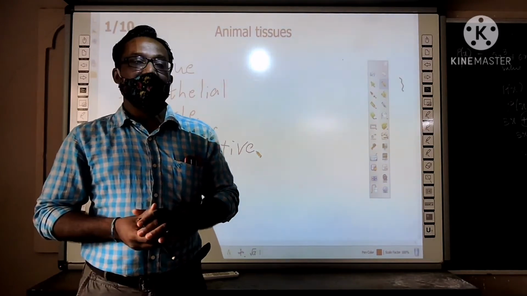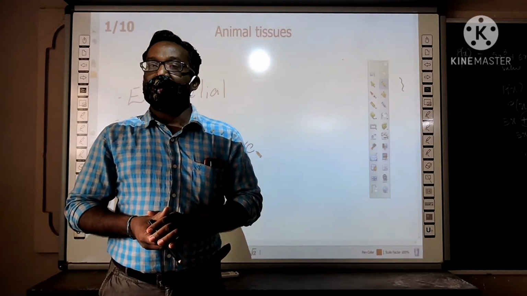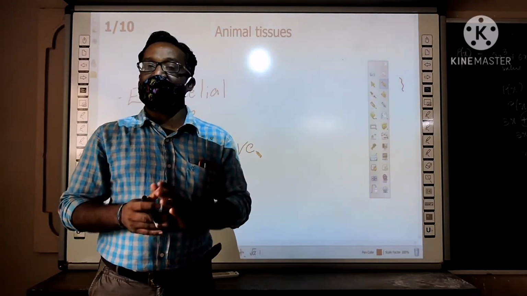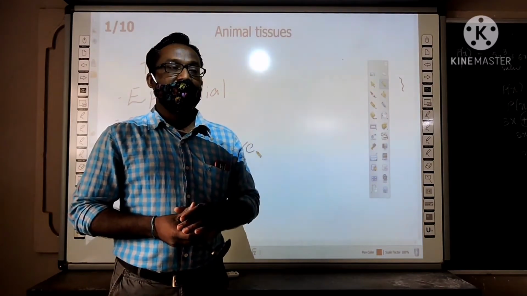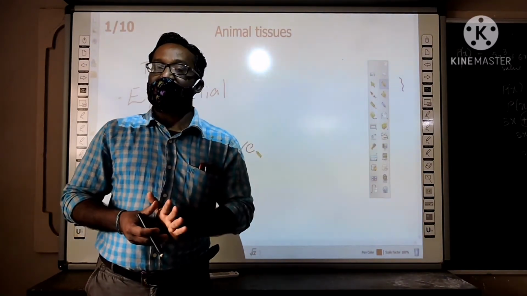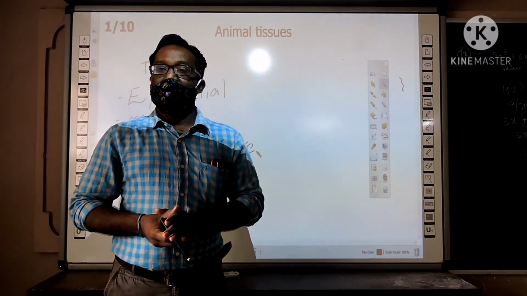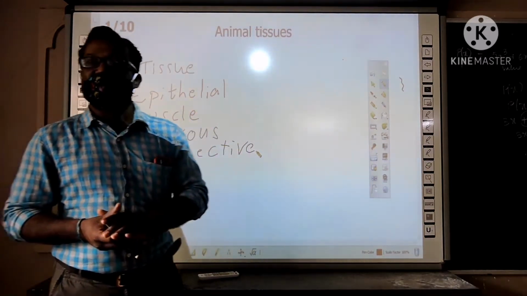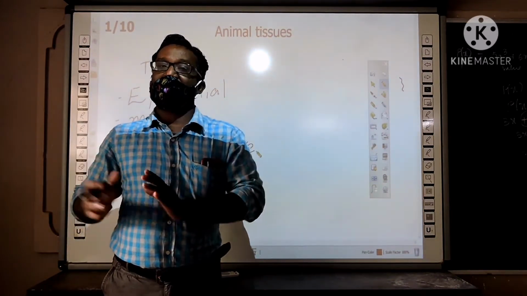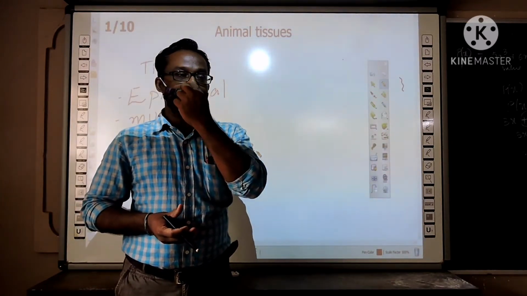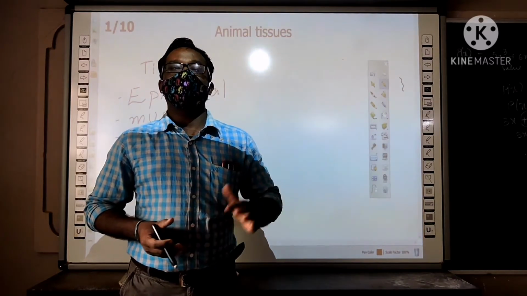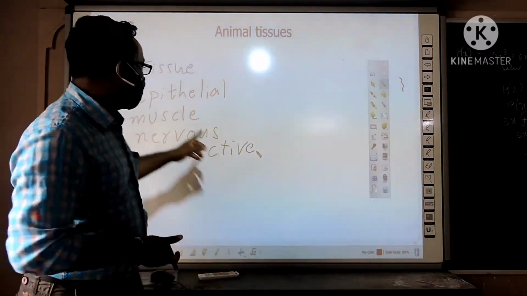That means nervous tissue carries the signals of the stimulus to the nervous system and carries the responses to the organs. So nervous tissue is responsible for stimulus-to-response activity. Now let us discuss each tissue in detail. First of all, epithelial tissue.